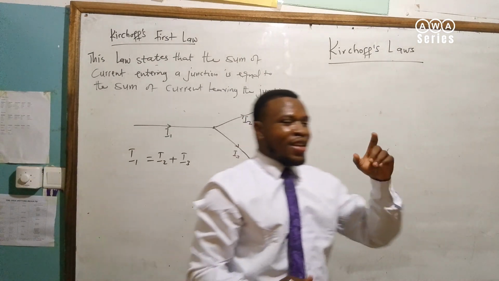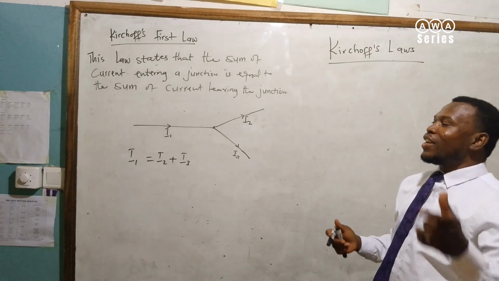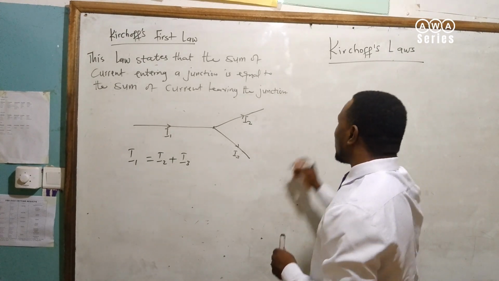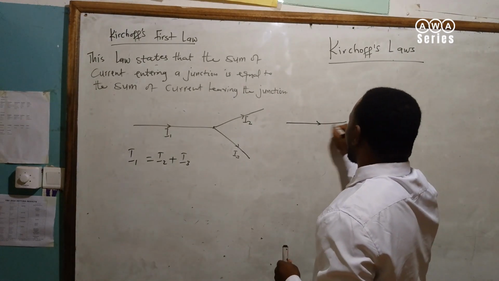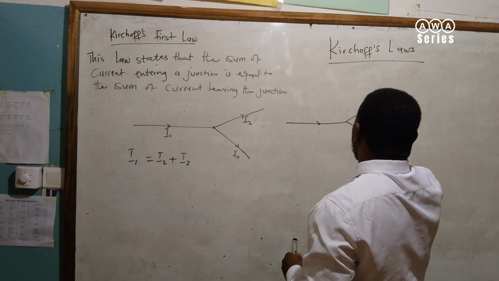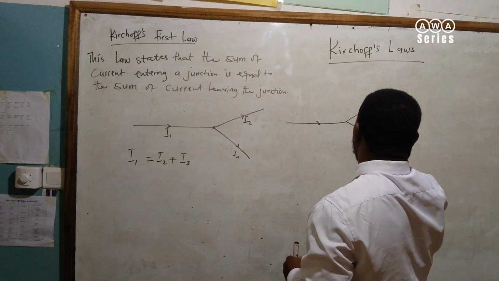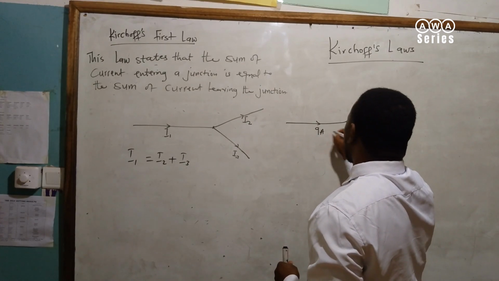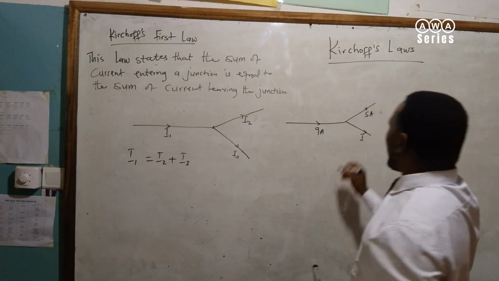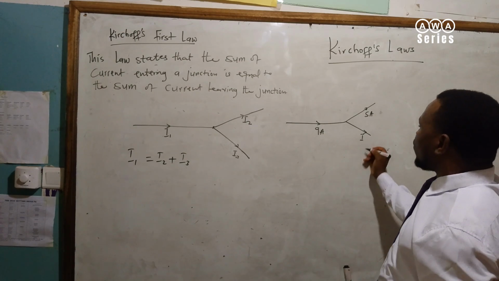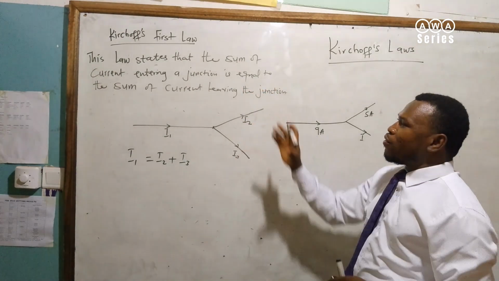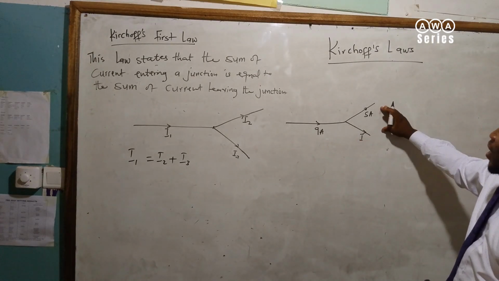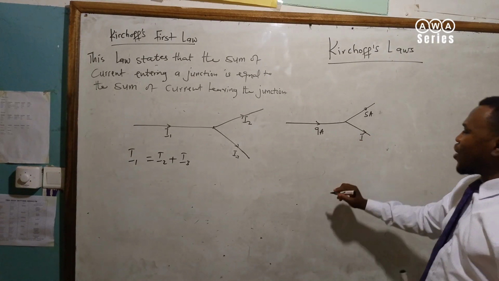The law says the sum of currents entering the junction is the same as the sum of currents that are leaving the junction. So, for example, if I have something like this, here is 5 amperes, here is 9 amperes, and here is I. Find the value of I. Per the little knowledge we've already obtained from Kirchhoff's first law, we know that the sum of currents entering the junction is the same as the sum of currents leaving the junction.